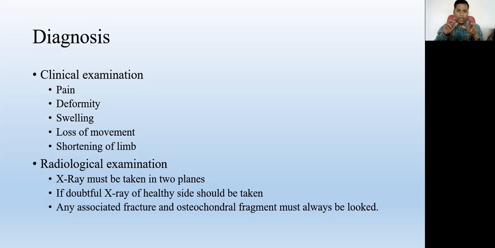You must take X-rays in two planes, AP view and lateral view, to know any displacement of the two articular surfaces in the X plane or in the Y plane. If your X-ray is doubtful, even in the two planes, you have to compare that particular part with the other particular part.